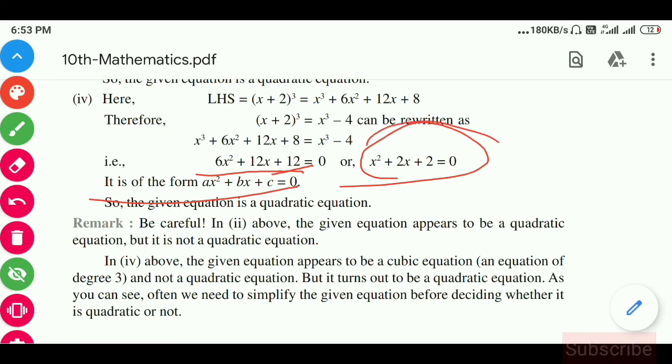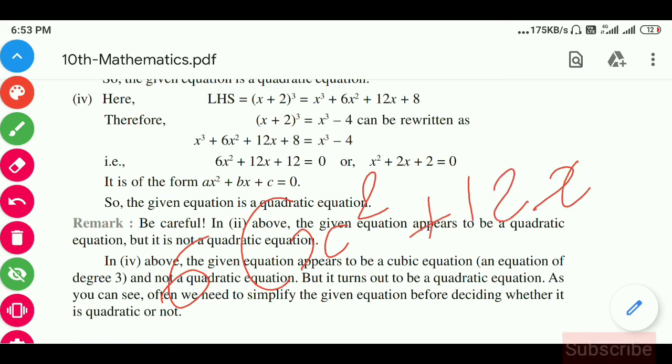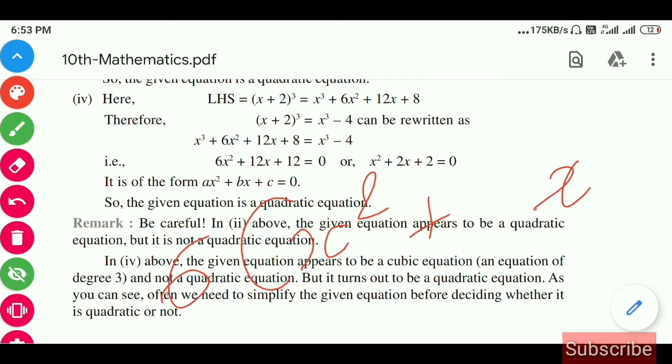Here we have done nothing but taken 6 common, and we have got x square plus 2x plus 2 equals to 0.